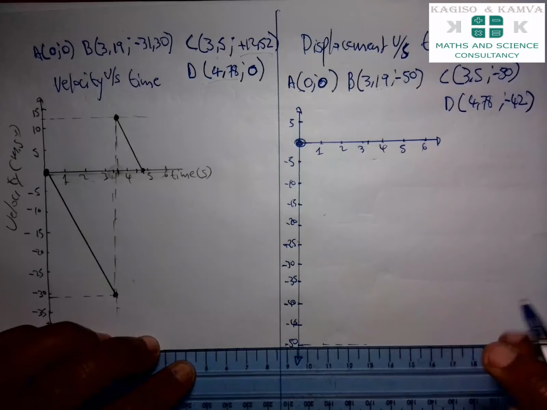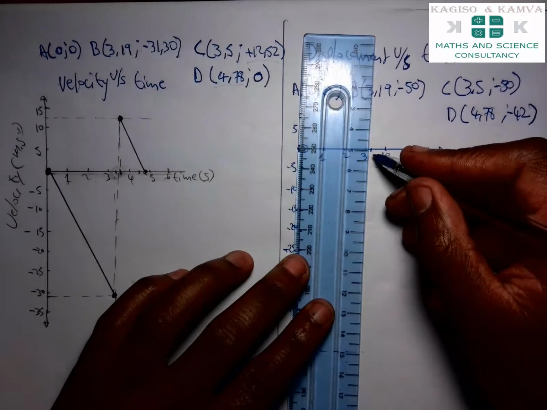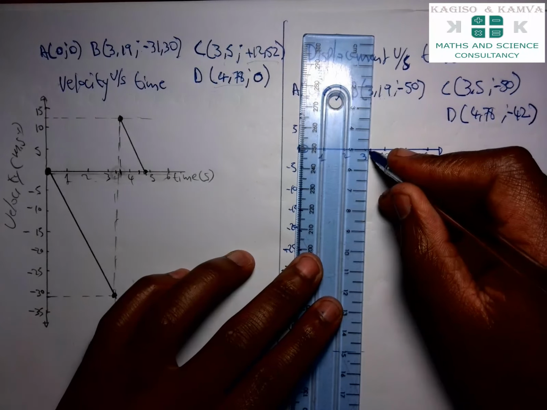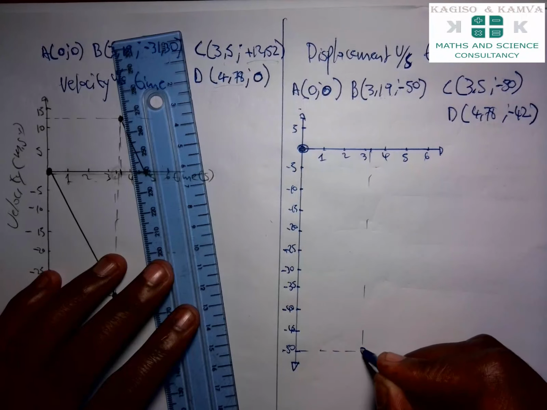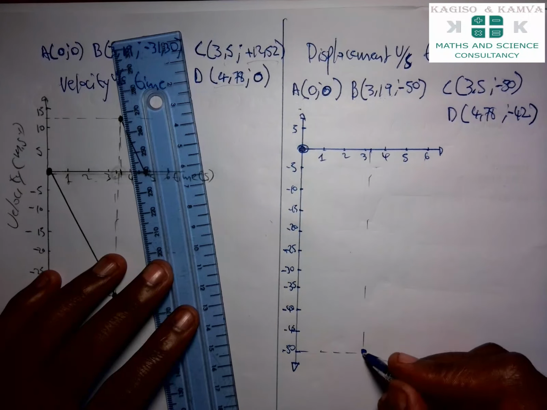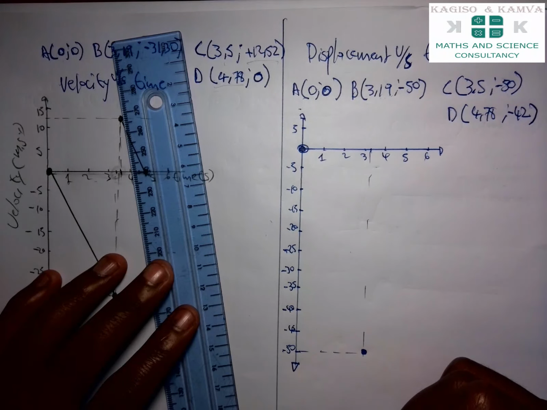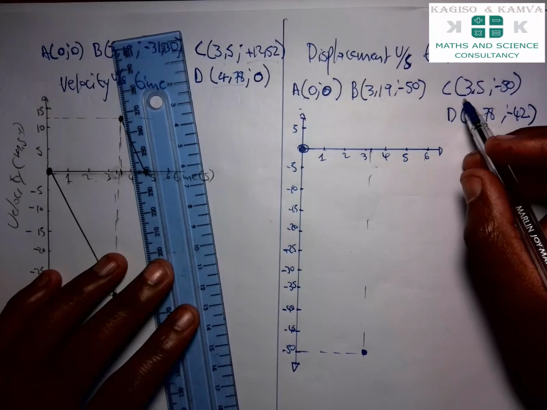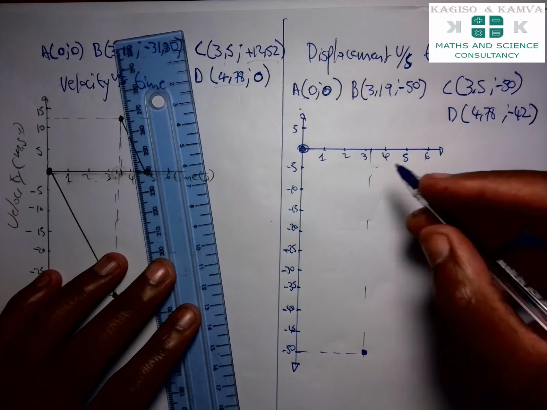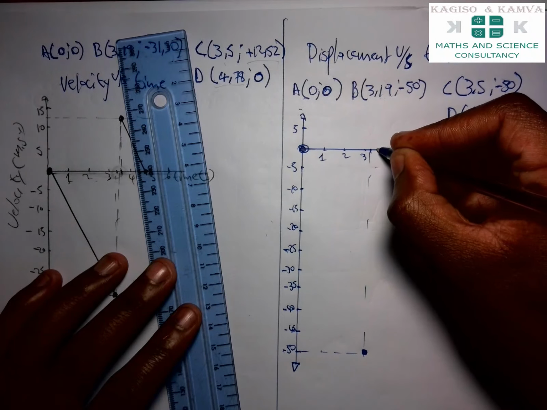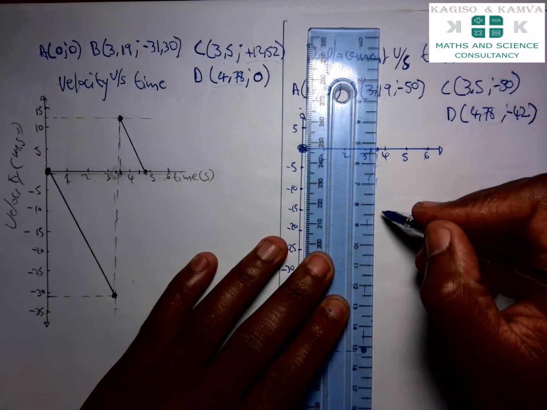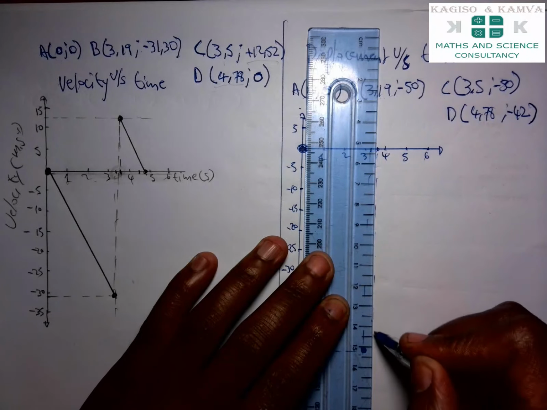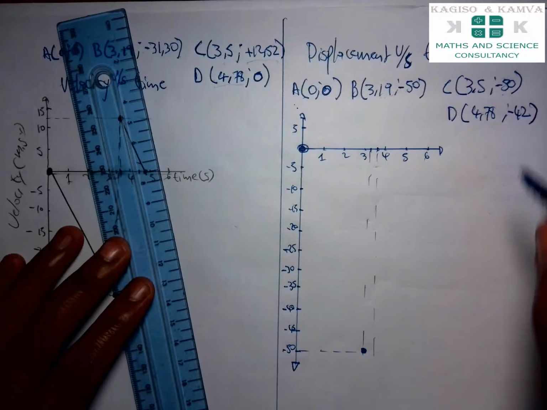You just do it like this, and this is going to be our point there. Now the next point is at 3.5. It's somewhere there, halfway, and then take it down here, still there.